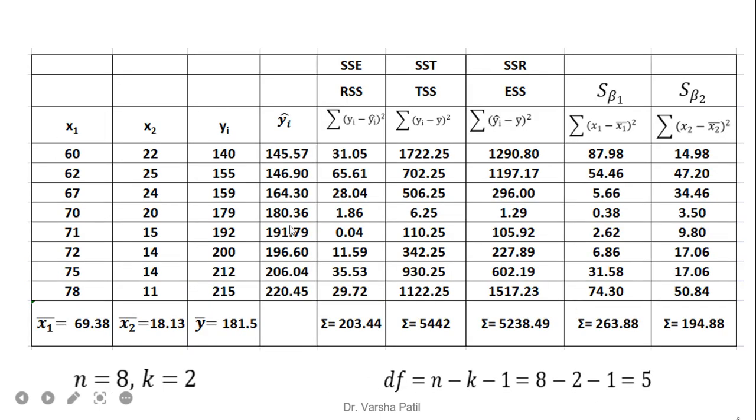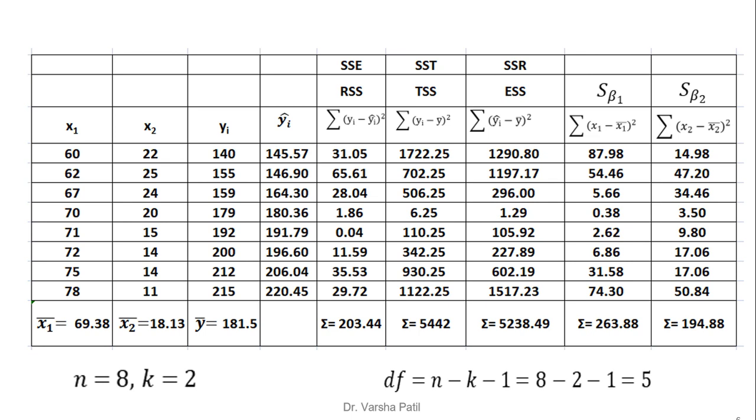When the exercise comes on F test and T test, we require this set of values. The first three columns are given in the problem statement, that is our data set: x1, x2 and yi. From the regression equation we can calculate the predicted y. After that, RSS, ESS, S beta 1 and S beta 2 are required. RSS is nothing but the difference between the actual and predicted value.